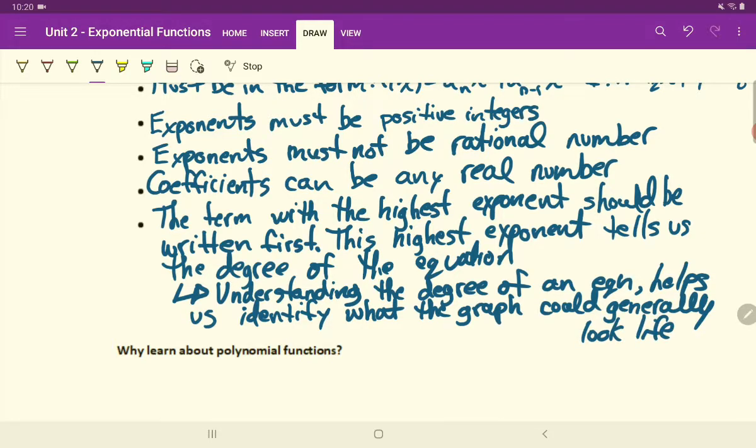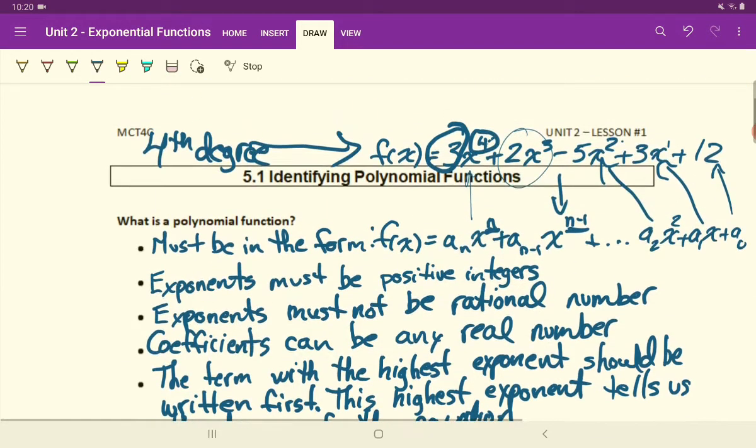And then on top of that, the leading sign that's in front of our polynomial function. So let's say in this case, our leading sign, okay, is the sign that's in front of the very first coefficient with the very first term with the highest degree. Okay, the very first term with the highest degree, the leading sign. So in this case, it's a positive.